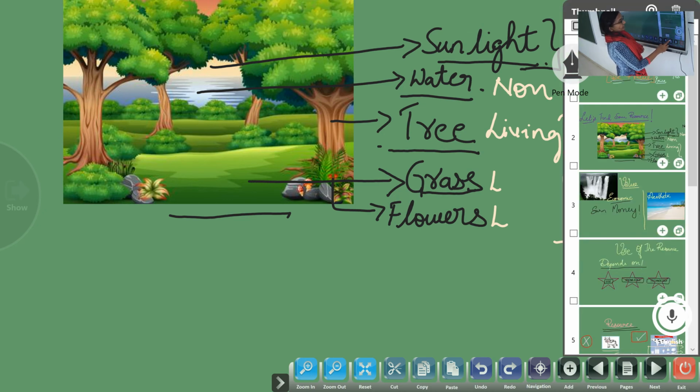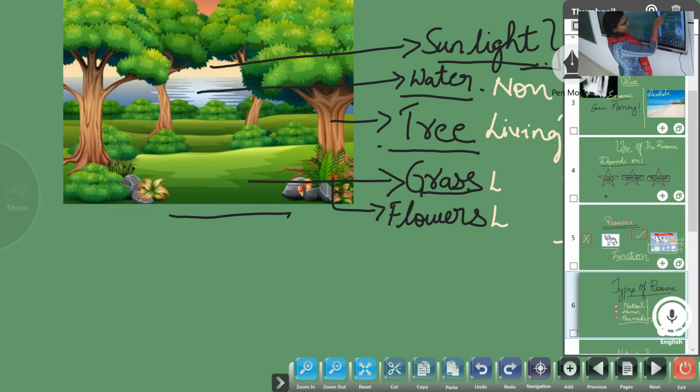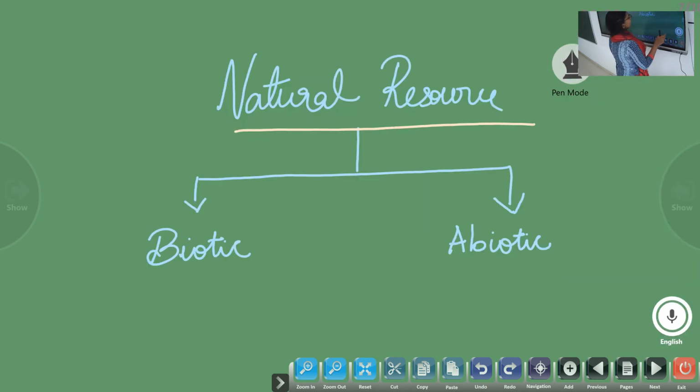Okay, so let's go back to our slide. Biotic. Bio is life. So every resource that has life is called biotic, and every resource that does not have life is called abiotic. A because absent, so life is absent, is called abiotic.